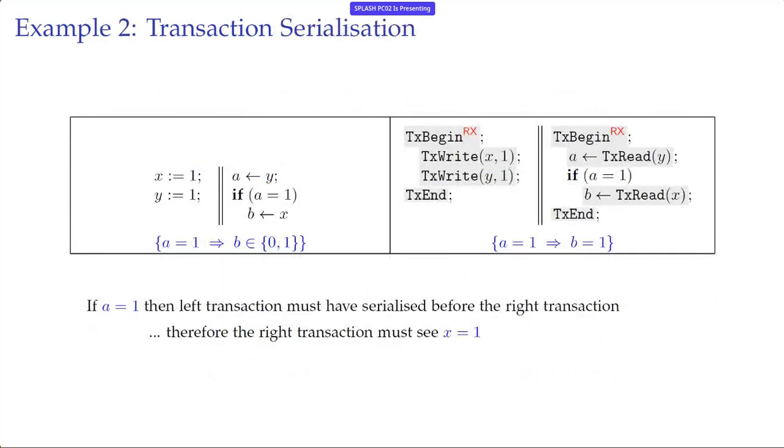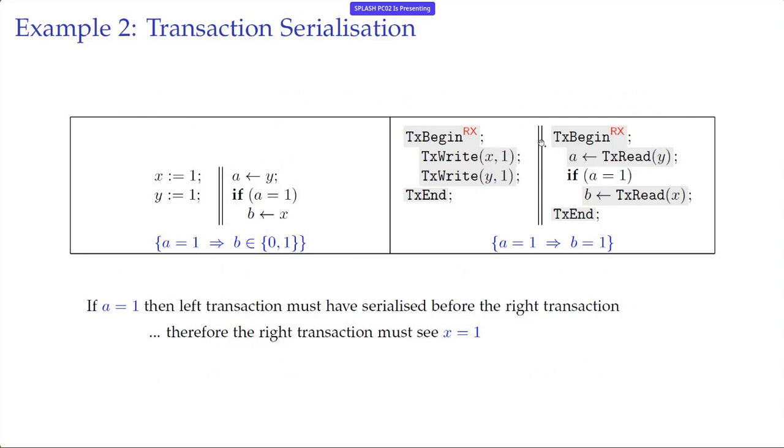Okay, so you might be asking, well, what else can you do? Well, in the transactional world, you can also wrap entire operations around transactions. So here we have this program. This was the message passing that was quite weak. It didn't really do the message passing. But what happens if we wrap the whole left thread in a transaction and the whole right thread in a transaction?